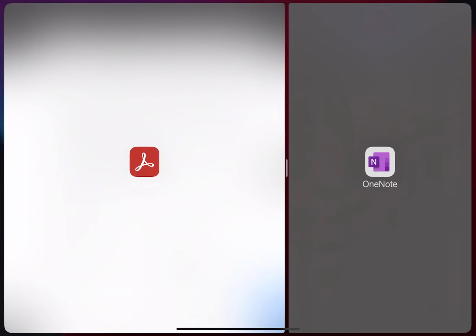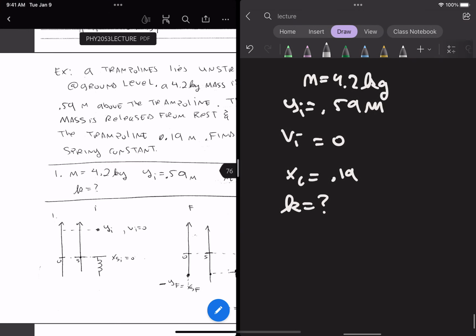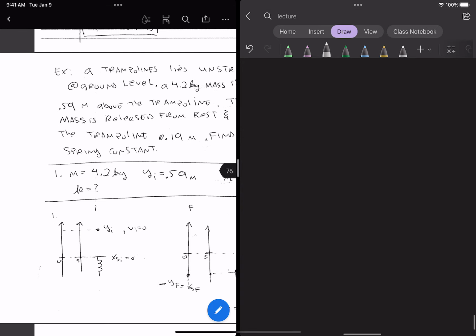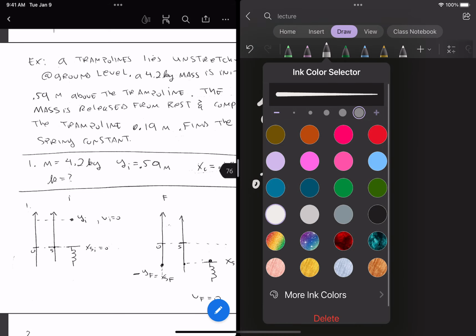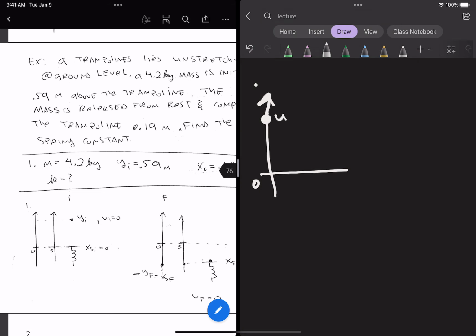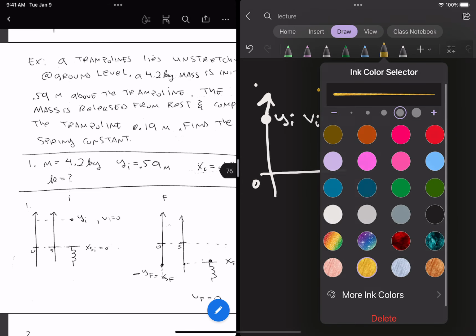All right, so let's reinterpret what we have here. The picture looks like this: let's assume this is ground level at the origin, and the mass starts off up here with the initial height y initial, and it's at rest with the velocity v initial. That's from the mass's perspective, and for the spring we're going to need another coordinate system.